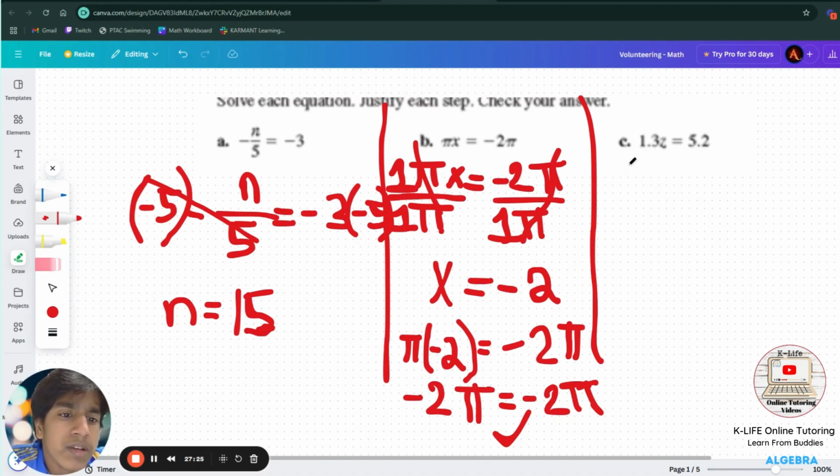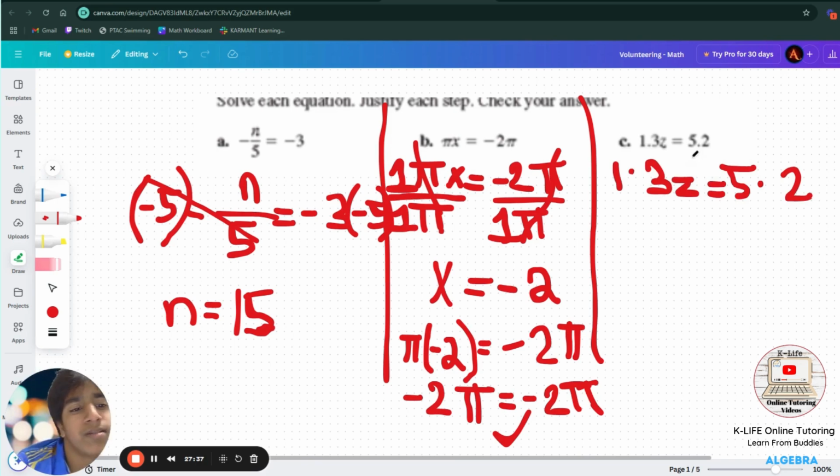So in this one, it's saying 1.3z equals 5.2. In this case, you want to isolate the z, okay? So what you're going to do in this one is divide: 5.2 divided by 1.3.